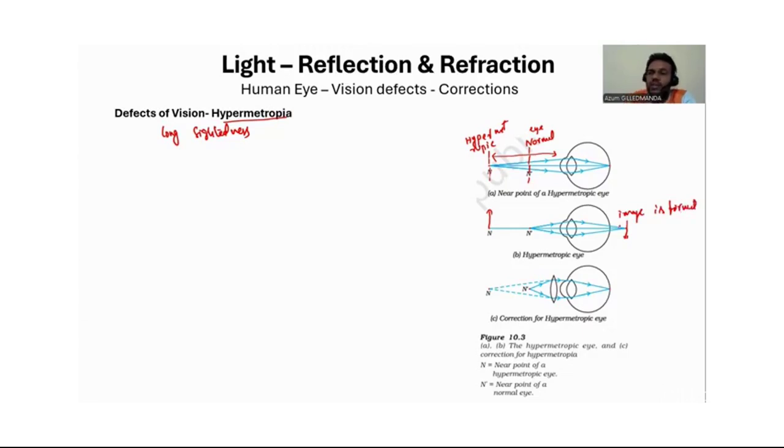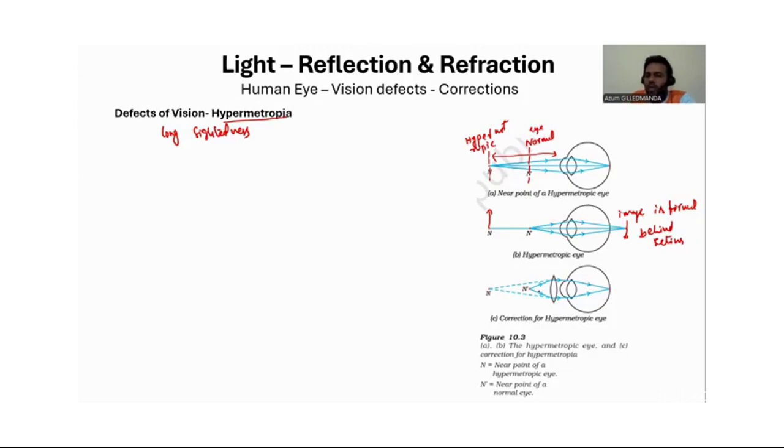In short-sightedness, it was in front of the retina, but in this case, the image is formed behind the retina. If the image is formed behind the retina, there is no way that the optic nerve can catch those signals and send them to the brain to visualize. So that's the problem with this defect, hypermetropia.